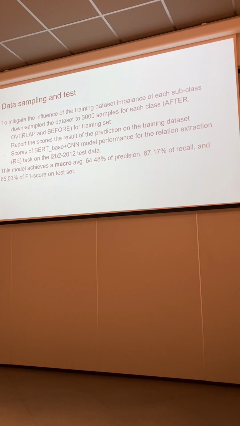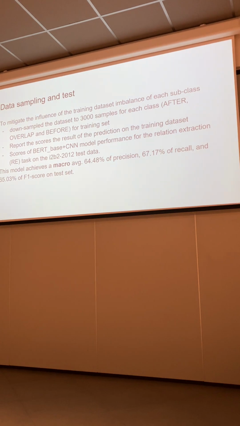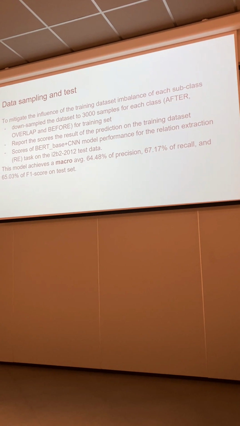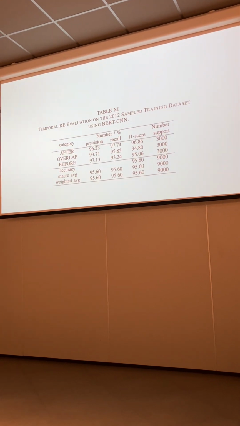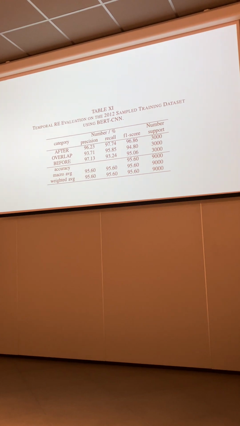We tried this on training data, and then we deployed on the test set. We use the real test set. And here you can see on the training side, when you do the sampling to better populate the data, the precision and F score are really high, around 95.